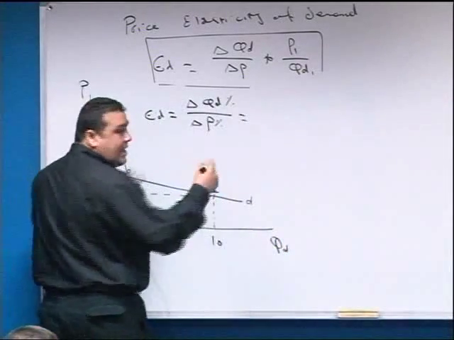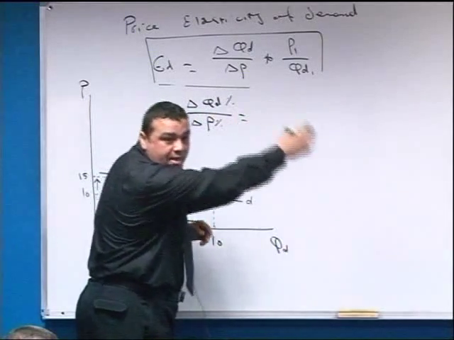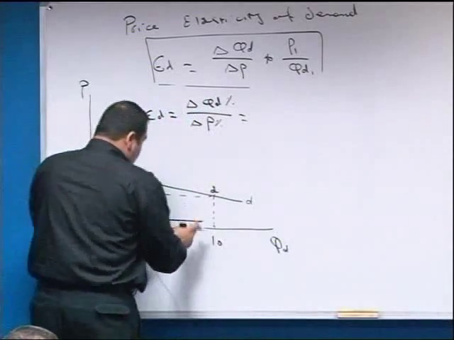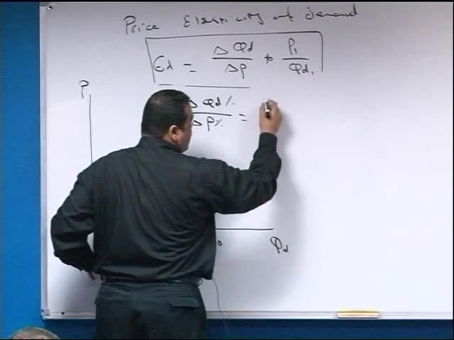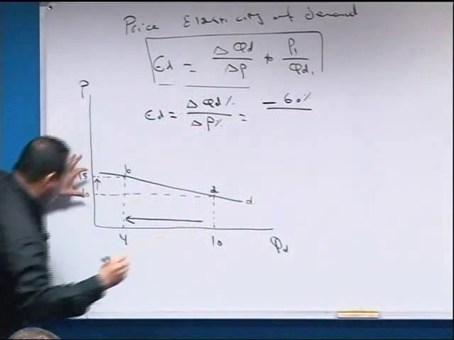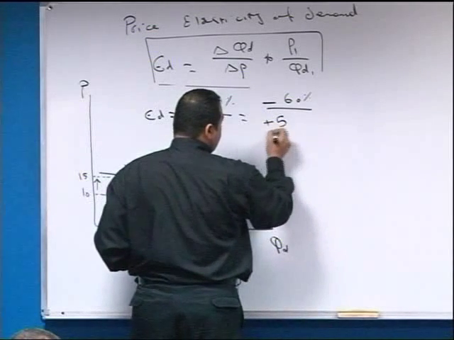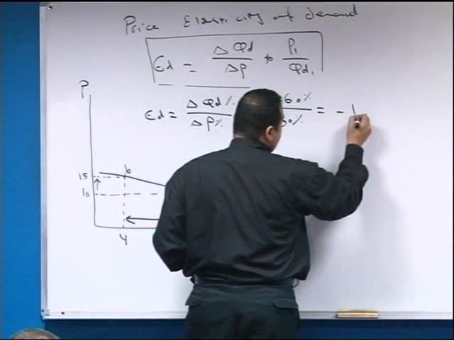So the new quantity demanded minus the old one over the old times 100. From 10 to 4, there is a reduction by 60% in the quantity demanded, over the increase in the prices of 50%. It equals minus 1.2.